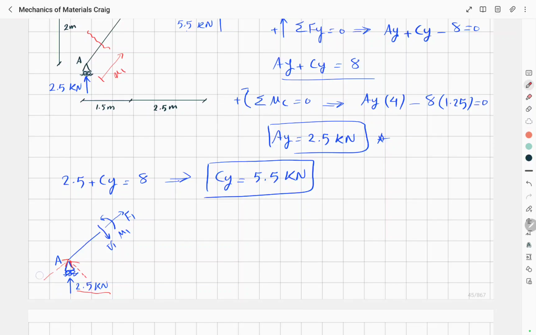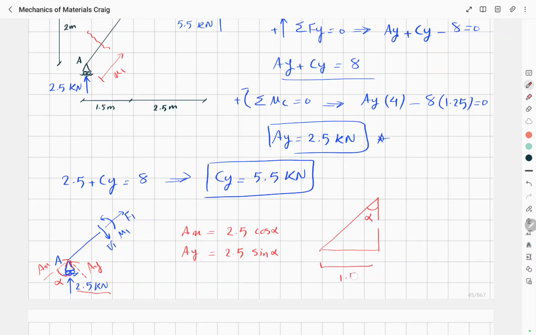This will be AX, this will be AY. AX is equal to 2.5 cosine of this angle, and AY will be 2.5 sine of alpha. So this is our alpha.